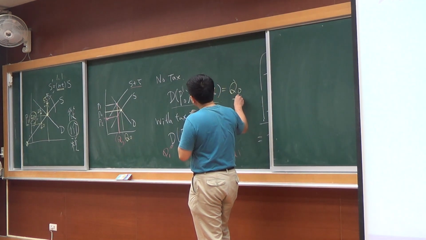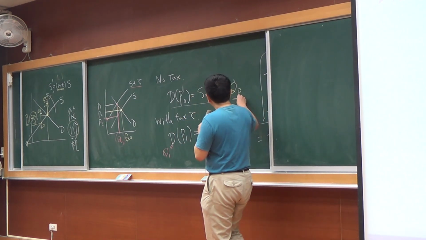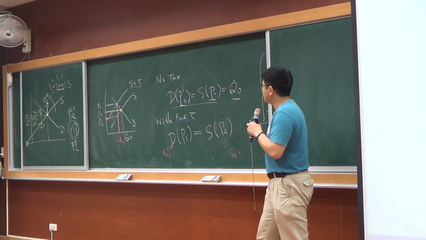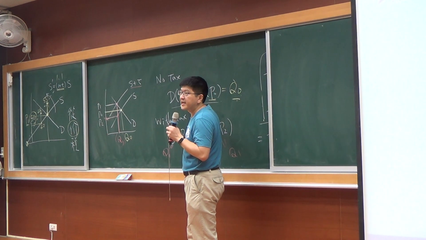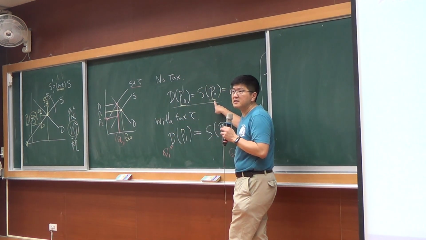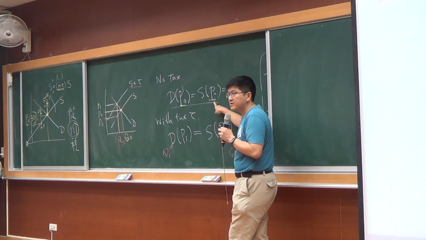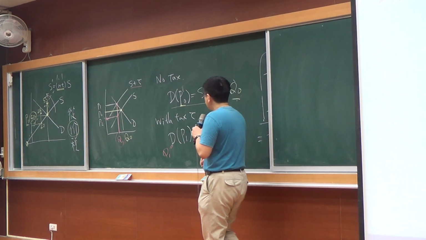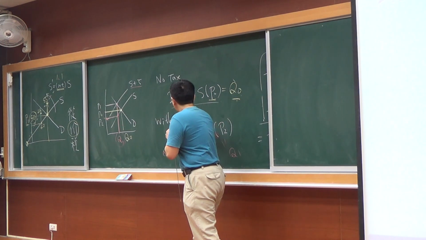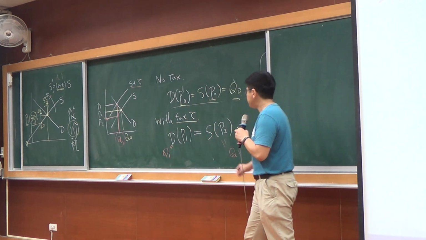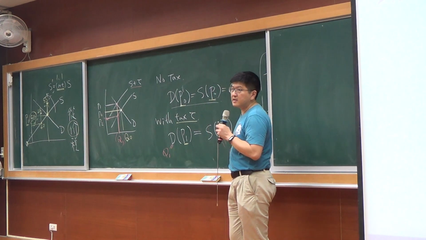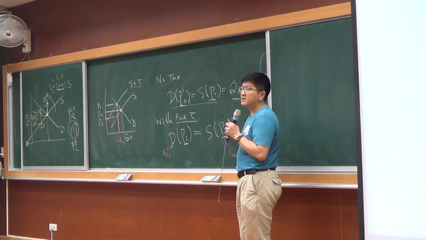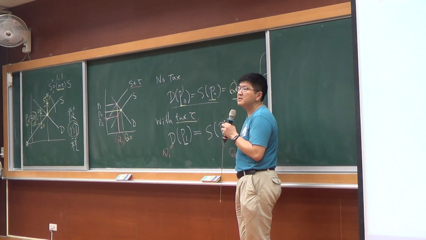So you see, when there is no tax, this is the price the consumer pays. This is the price the seller receives, right? And when there is a tax, tau, P1 is the price the consumer pays. P2 is the price the seller receives.